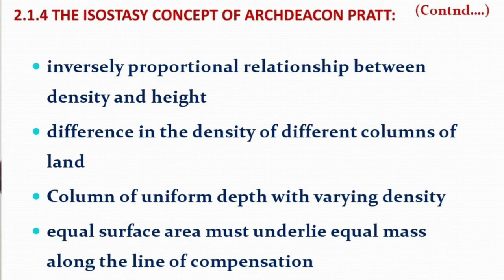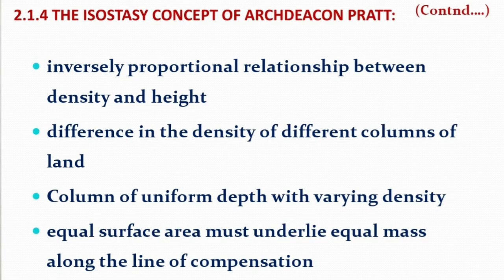There would be no change in density within one column, but it changes from one column to another above the level of compensation. Accordingly, the central theme of Pratt's isostasy theory can be expressed as columns of uniform depth with varying density. According to Pratt, equal surface areas must underlie equal mass along the line of compensation.